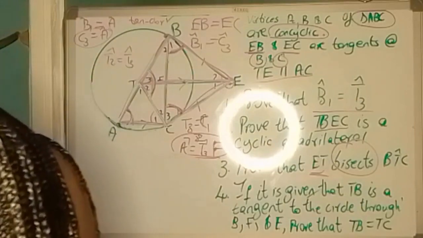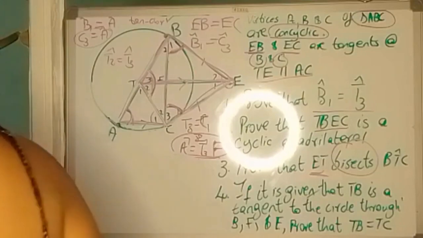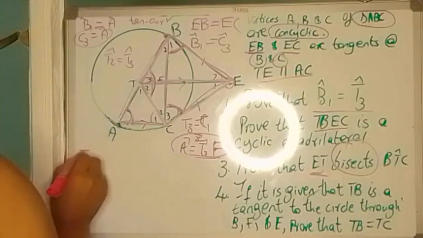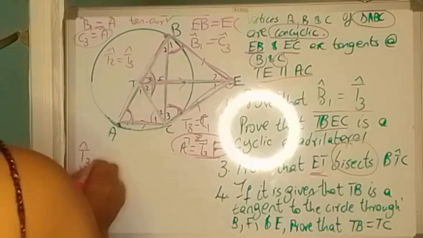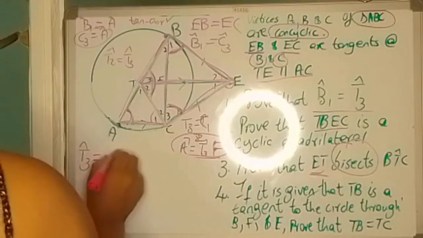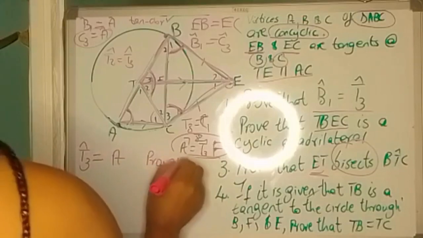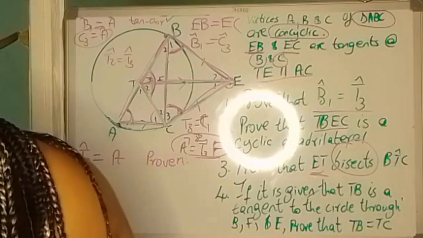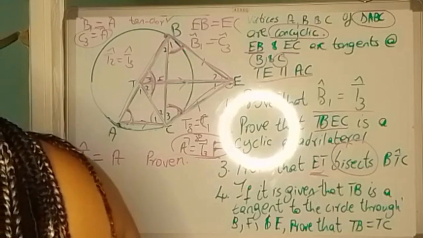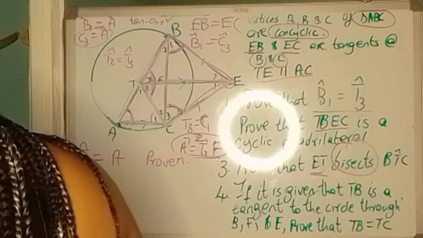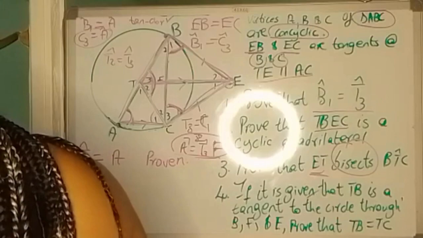Where should we start with this one? We had proved that T3 is equal to angle A. We proved that one. And then also we have proved that, what else can we get out of this?